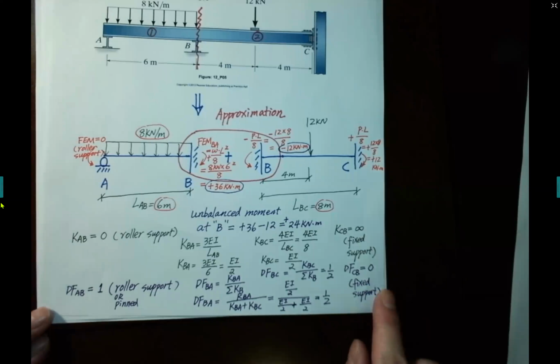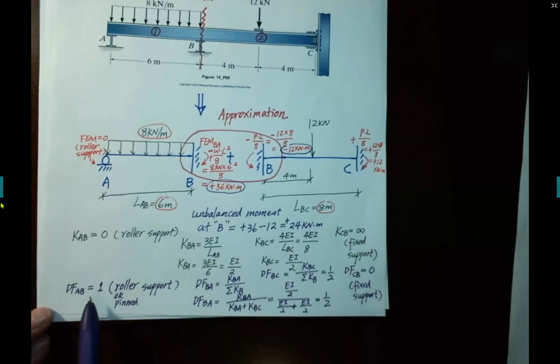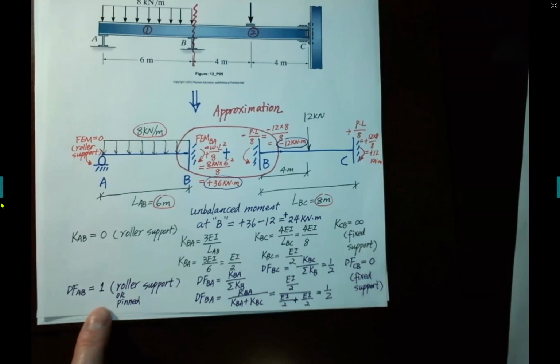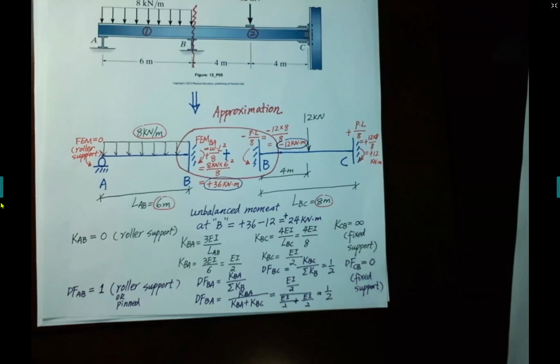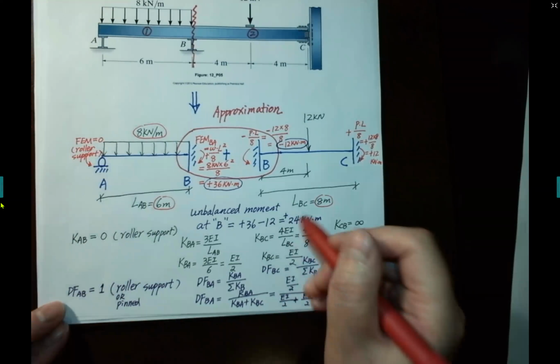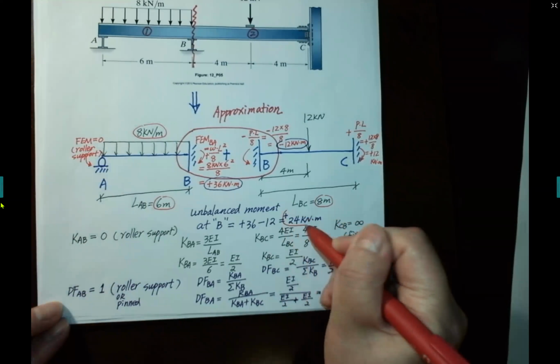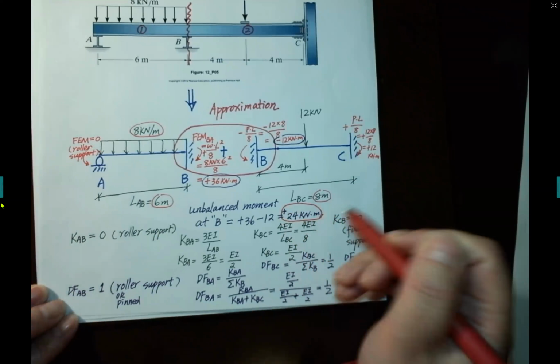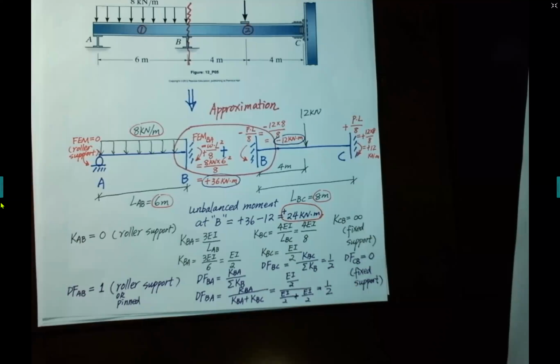Okay, so now we get the distribution factor at each joint. After that, we will use the distribution table to distribute the unbalanced moment, 24 kilonewton meter, based on the relative stiffness.